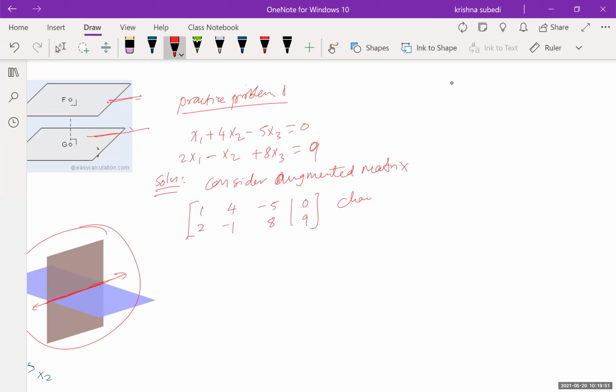Change it into echelon form. I trust that you guys know how to change it into echelon form. Let me know what is the echelon form. I'll wait for your answer.